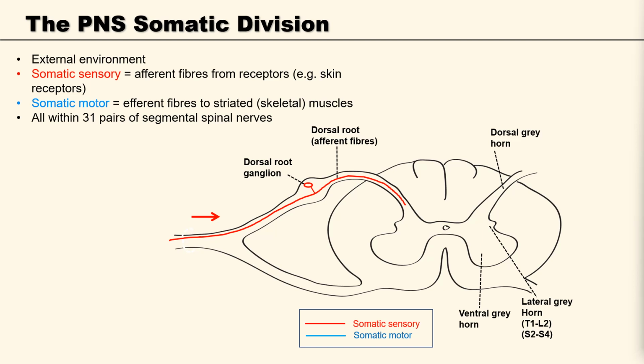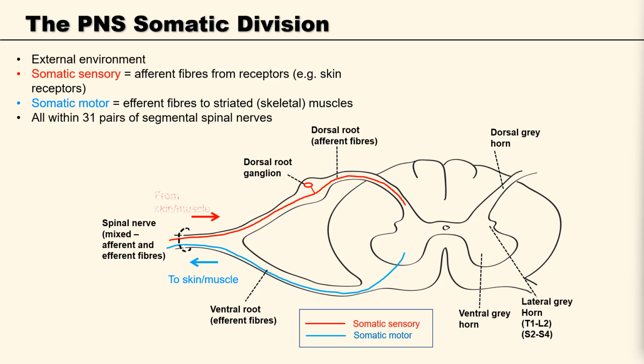The efferent fibres then make their way from the spinal cord through the ventral root towards the skin and the muscle. The fibres from the ventral and dorsal root blend together but do not exchange messages to form a spinal nerve or a spinal segment. We have 31 pairs in total.